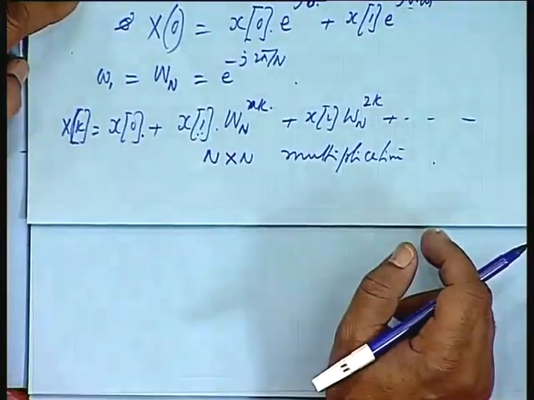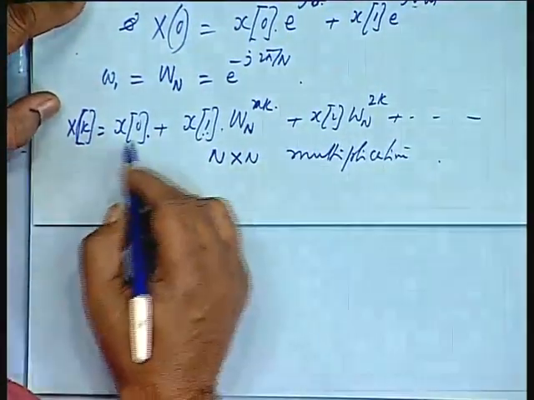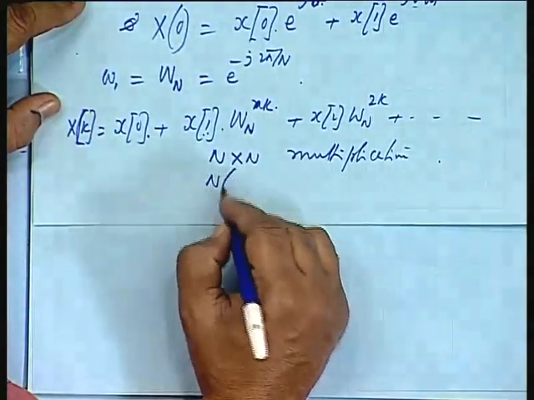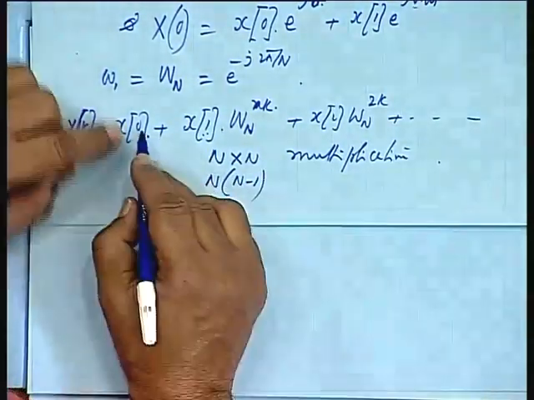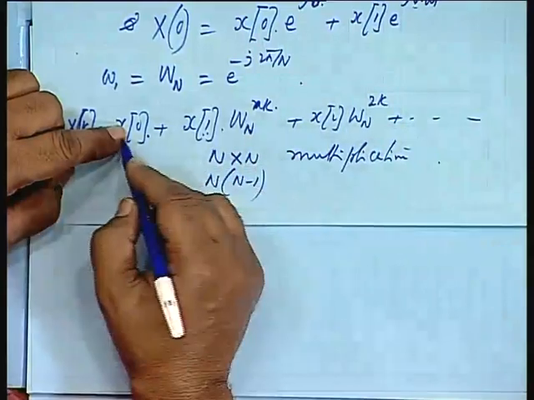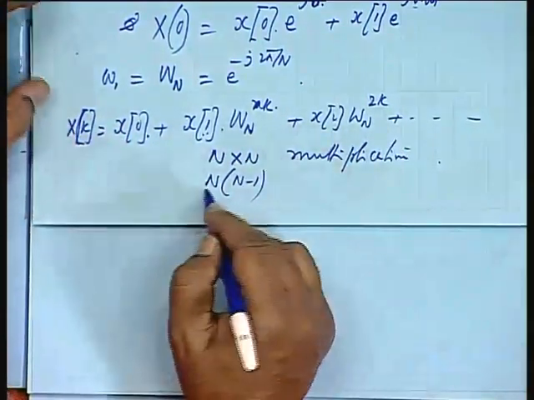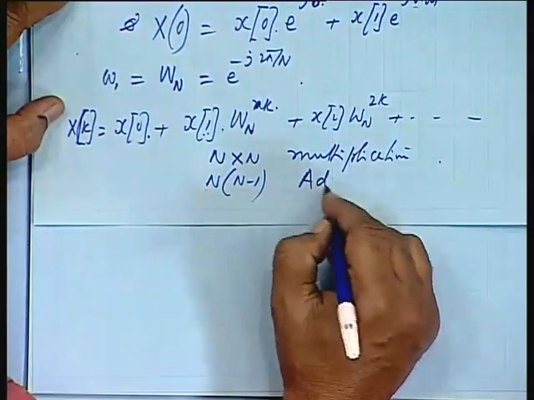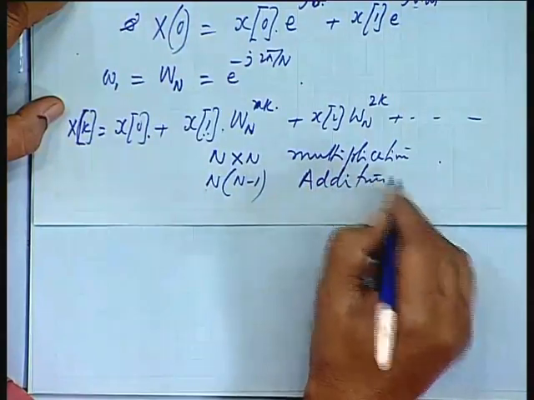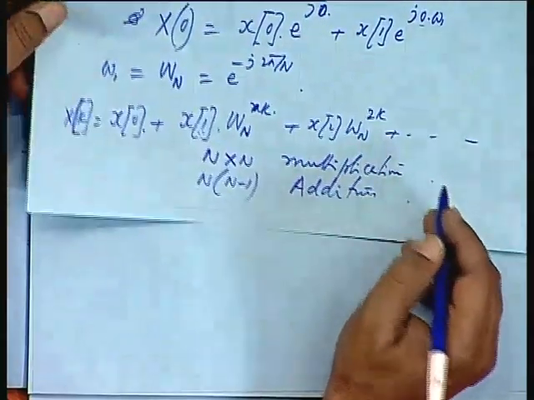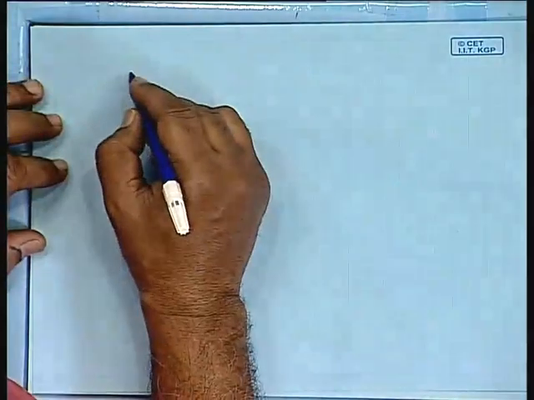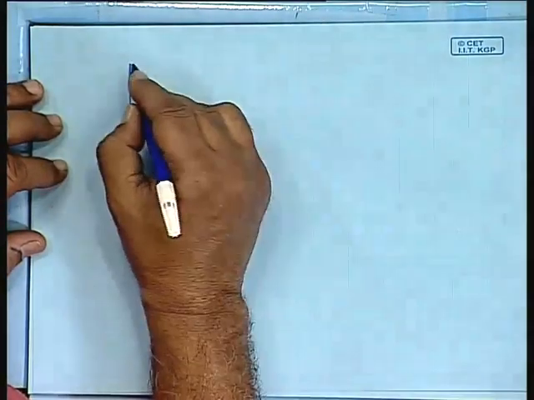How many additions are there? N into n minus 1, because additions will be just one less, n minus 1 additions. So, n into n minus 1, so many additions. All right. Now, let us see if I have n by 2 number of points.